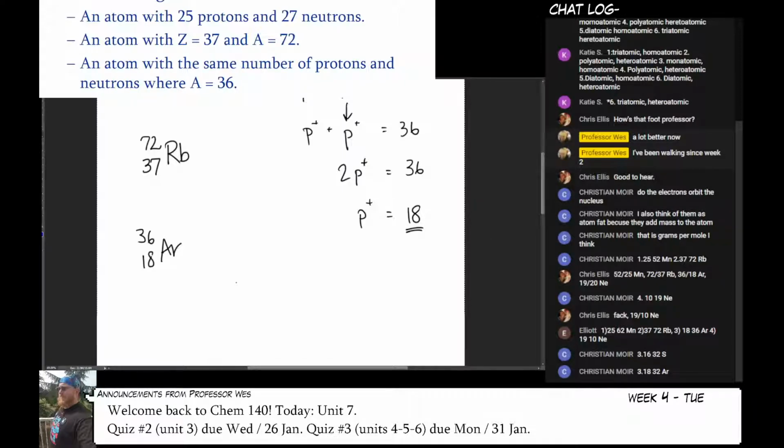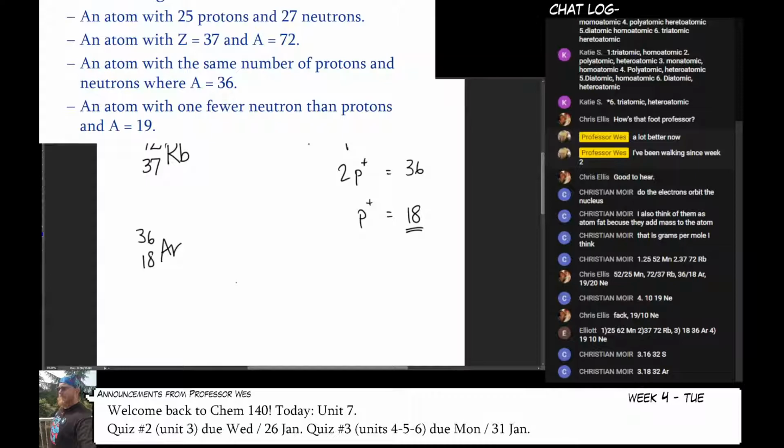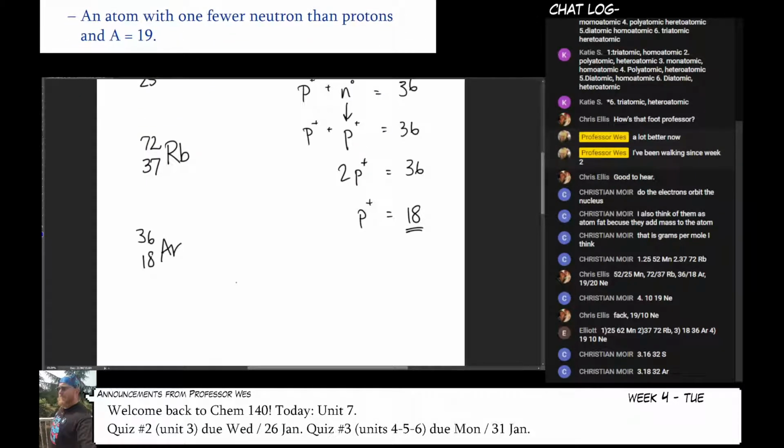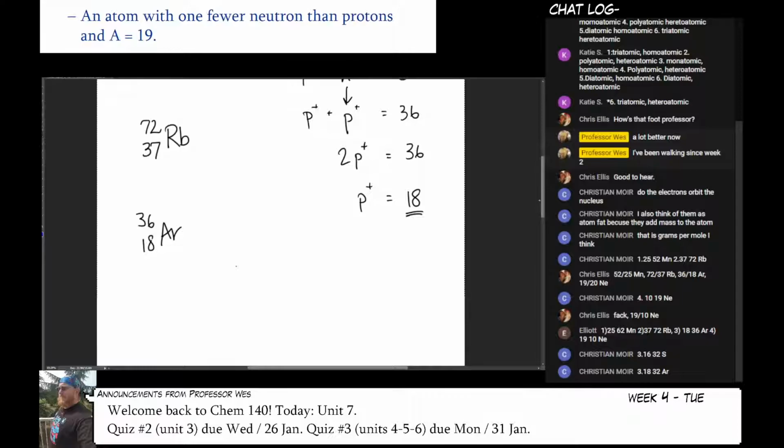And then the last one here. One fewer neutron than protons, and A equals 19. So protons plus number of neutrons, which is however many protons we had minus 1, equals 19.